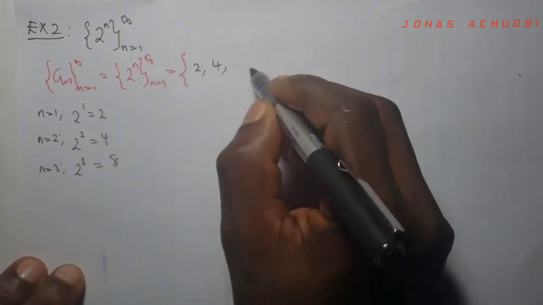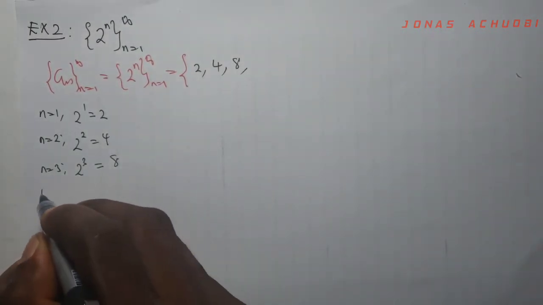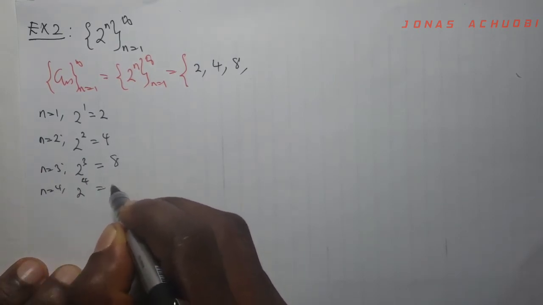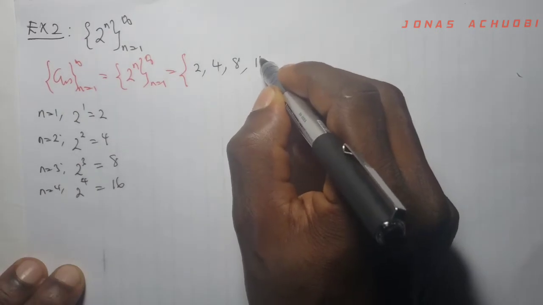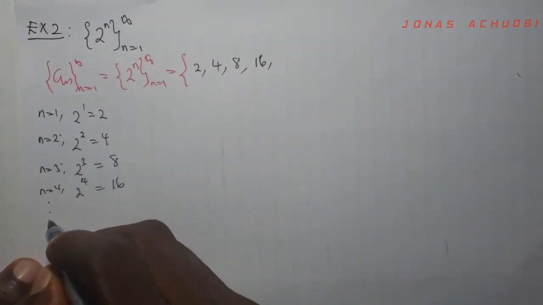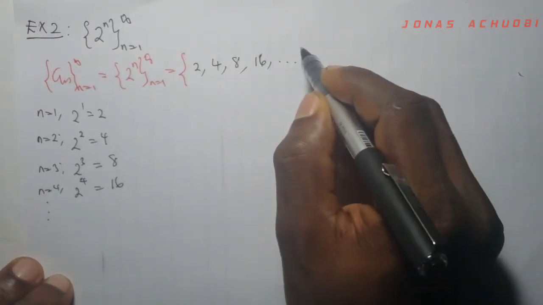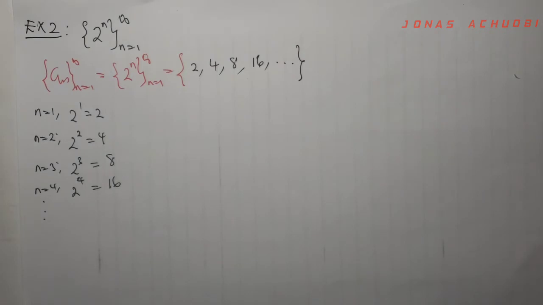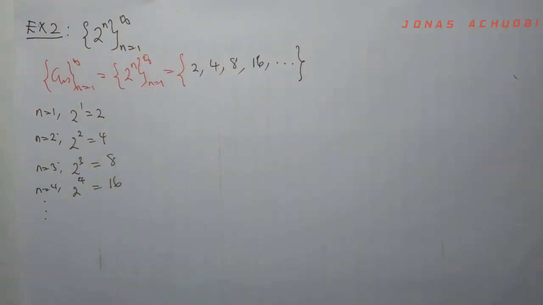So the third term of my sequence is 8. Let us take one more term. The fourth term, 2 raised to the power 4, is equal to 16. The fourth term is 16. Since the sequence is infinite, the terms go on forever. Good. So my sequence is given with a few terms: 2, 4, 8, and 16.